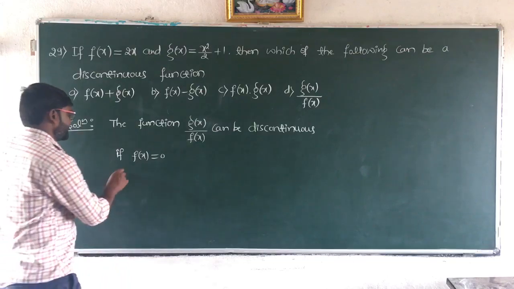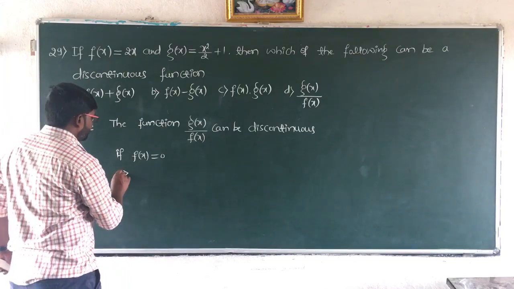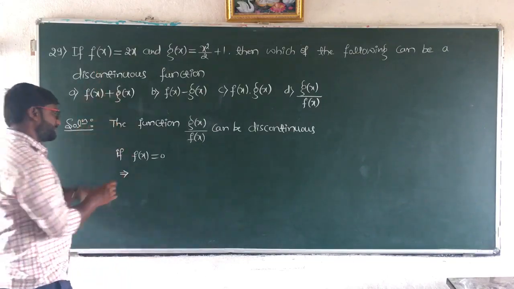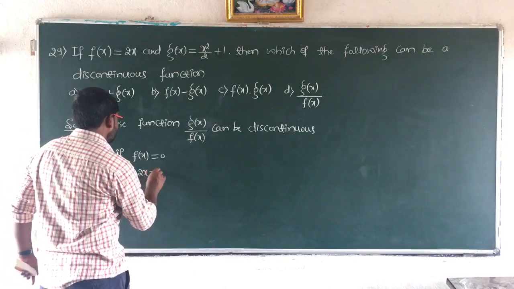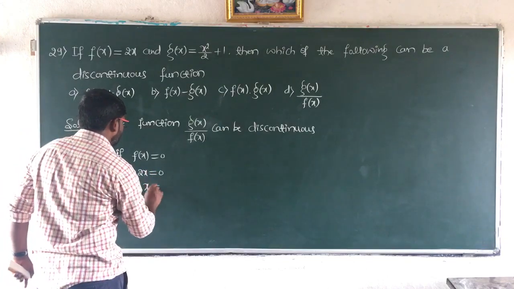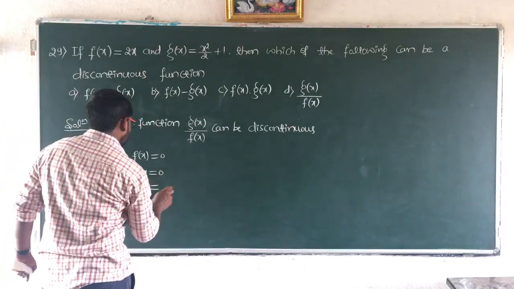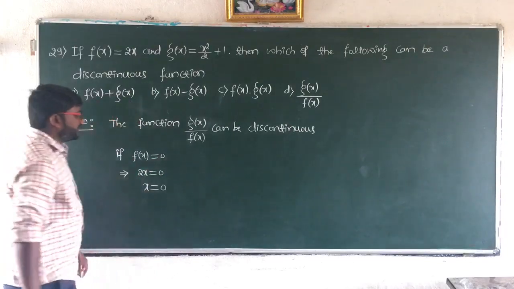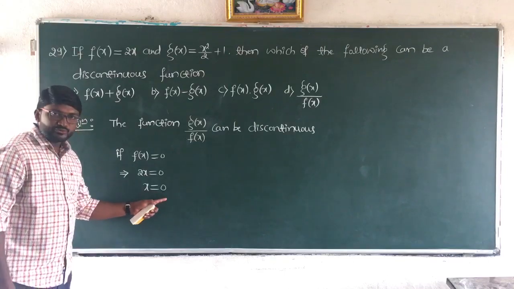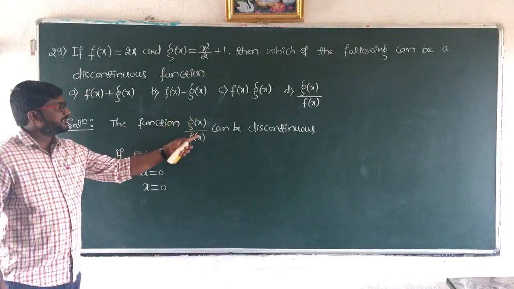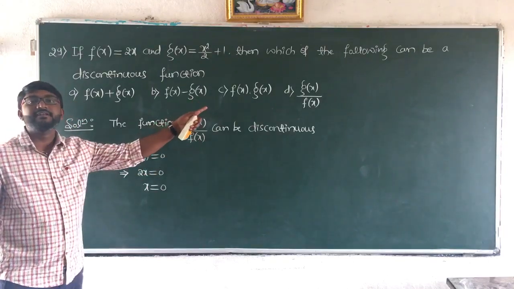So now see here, what is f of x? It is 2x. So 2x is equal to 0. That means x is equal to 0 divided by 2, that is equal to 0. So now the value of x is 0. That means at x equal to 0, g of x divided by f of x becomes discontinuous.